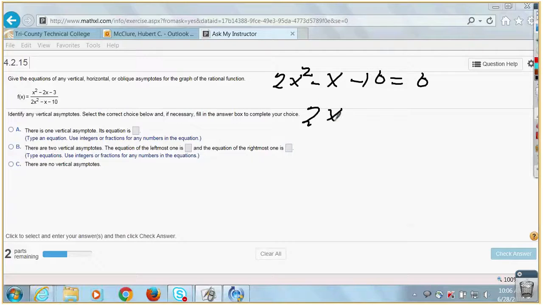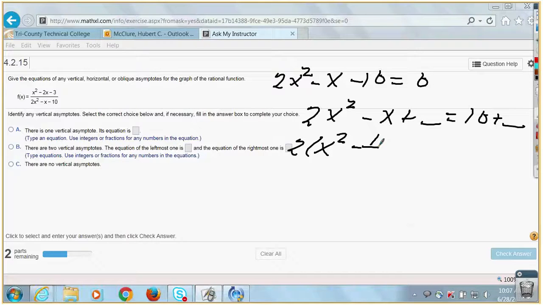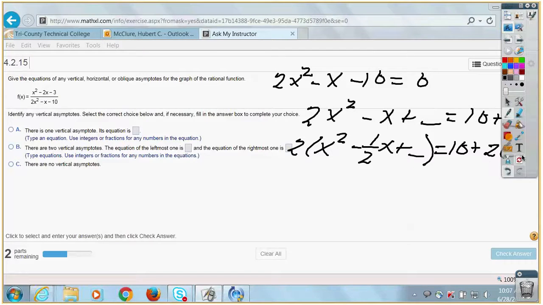So 2x squared minus x plus blank is equal to 10 plus blank. Factor out a 2, and that's going to give you x squared minus 1/2 x plus blank, close parentheses, equal to 10 plus 2 times blank.